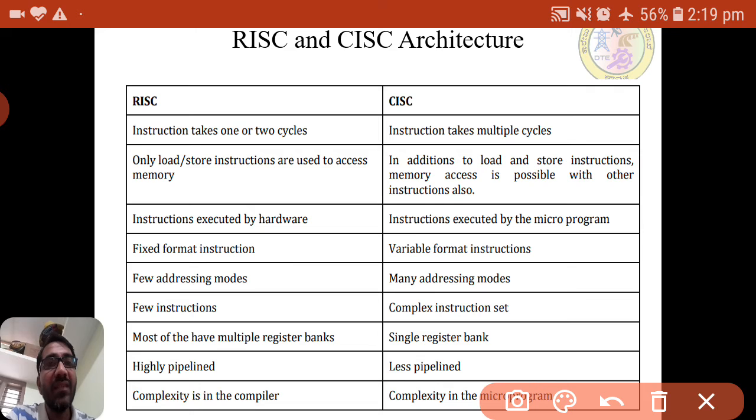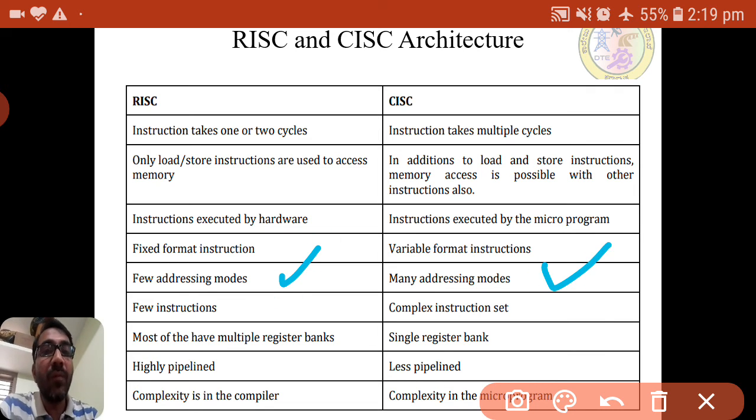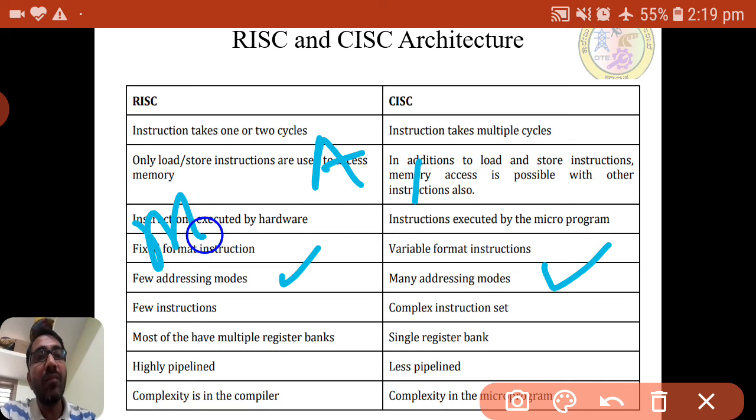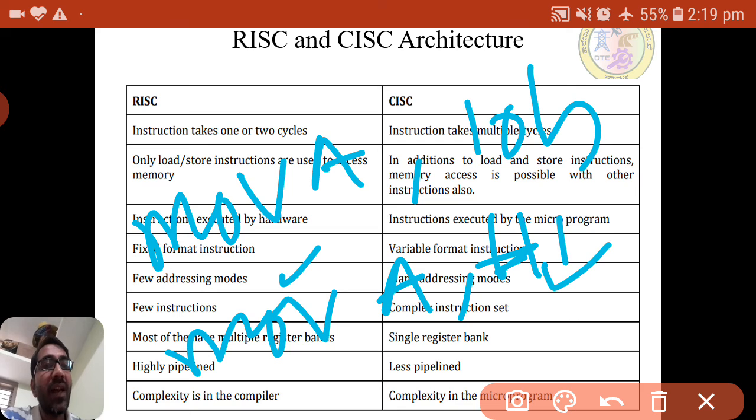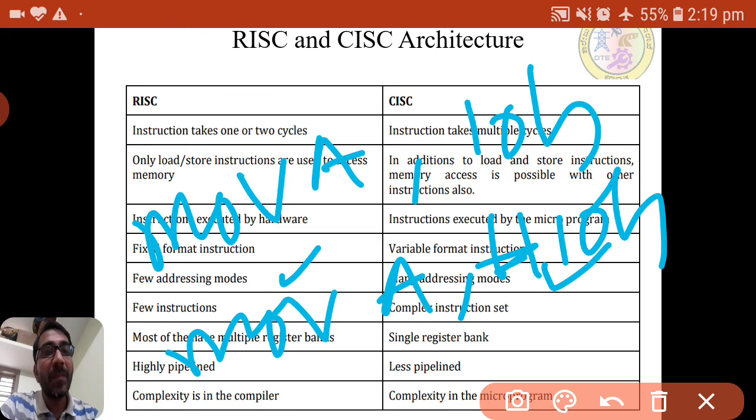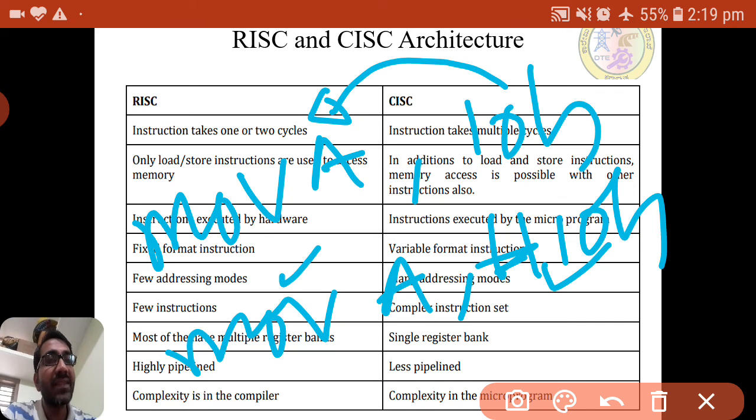Then RISC has few addressing modes, CISC has many addressing modes. Addressing modes are the ways in which we can access data from the microcontroller. There are different ways of accessing the data. For example, MOV A, 10h and MOV A, #10h. Here 10h acts as an address, and the content of that address is accessed from the memory.